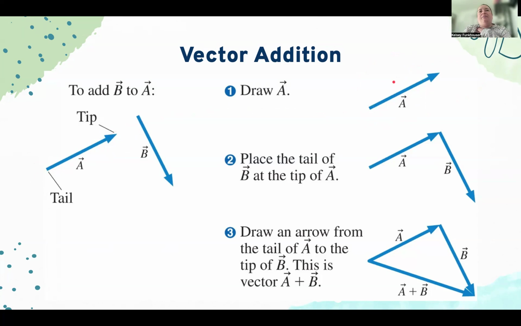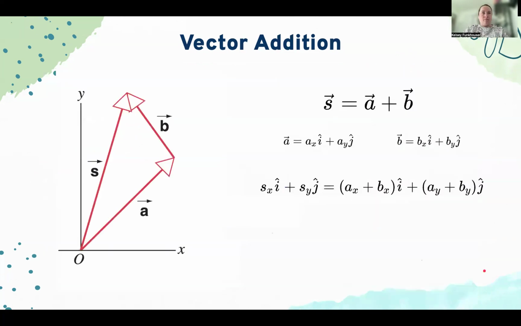So we'll draw A, and then we put the tail of B at the tip of A, and then we draw the vector from the tail of A to the tip of B. We can also do this numerically using the i hat, j hat representation of the vectors.